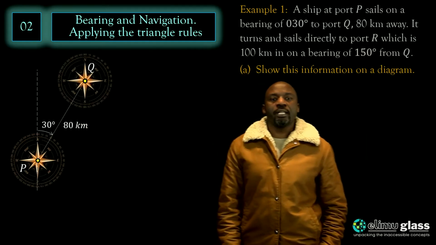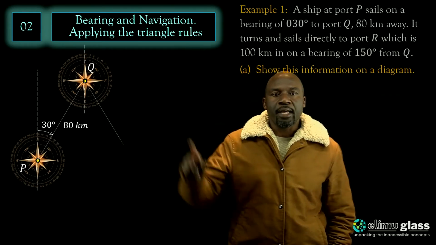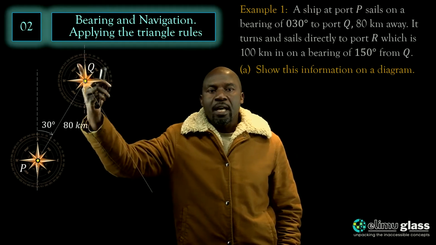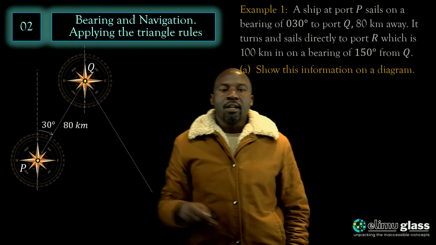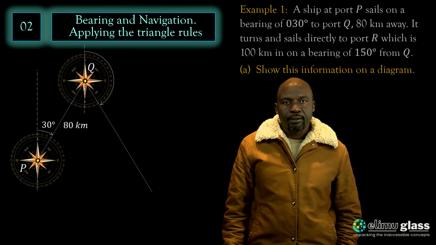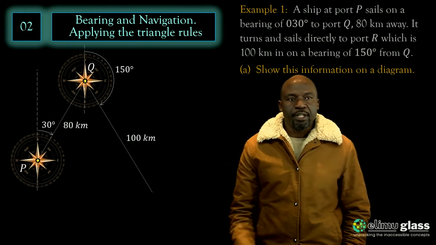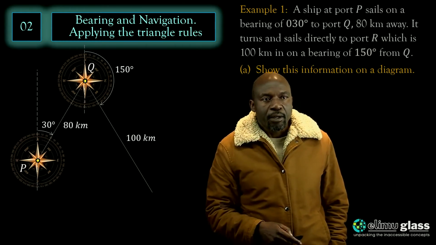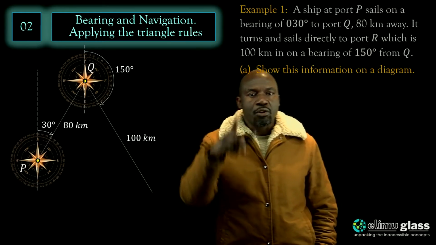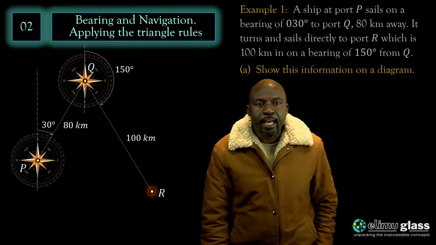So we place our compass needle there and create our true north up there, that dotted line, and we measure an angle of 150 degrees, 100 kilometers to a new point. So this is going to be our point R at the end there.